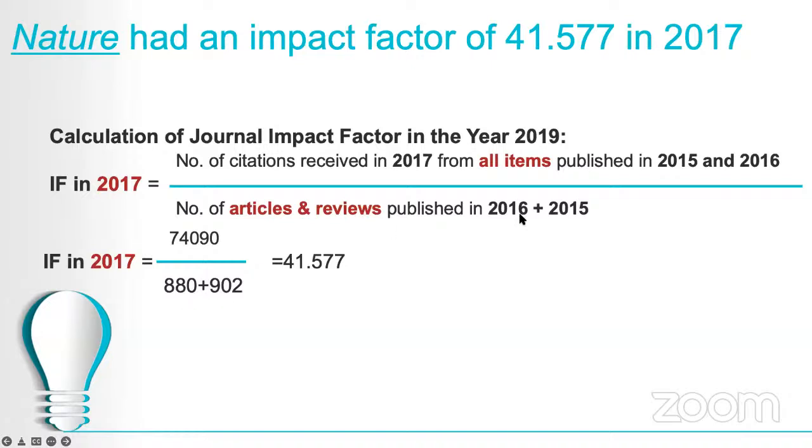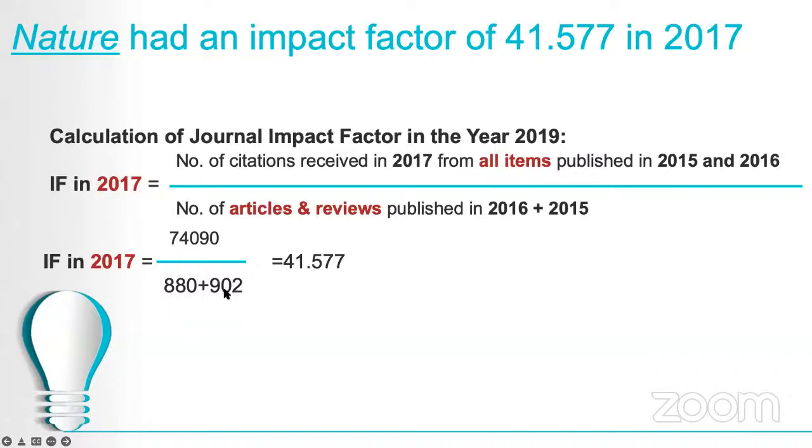So 2016 has 880, 2015 has 902. But how many citations were received in 2017? In 2017, the number of citations received for the 15-16 articles is 74090. Means these two years' articles had these many citations.